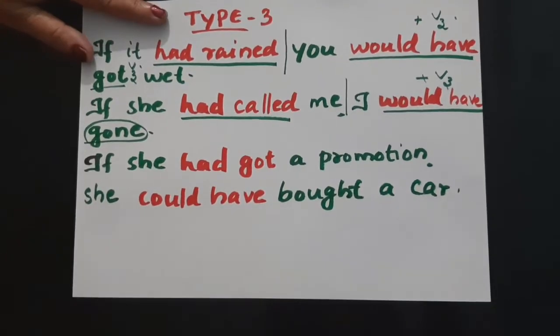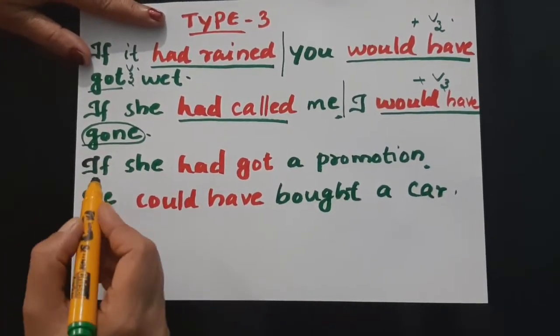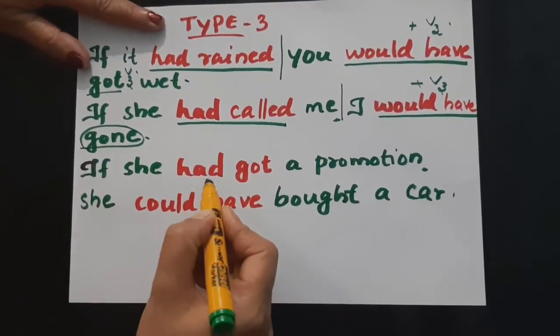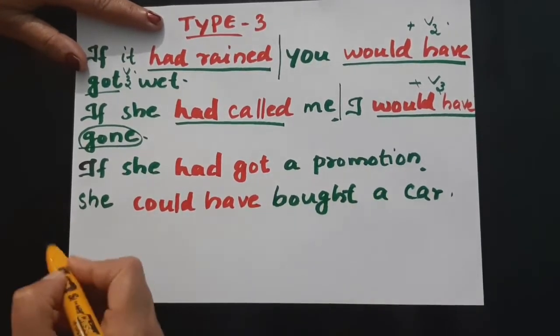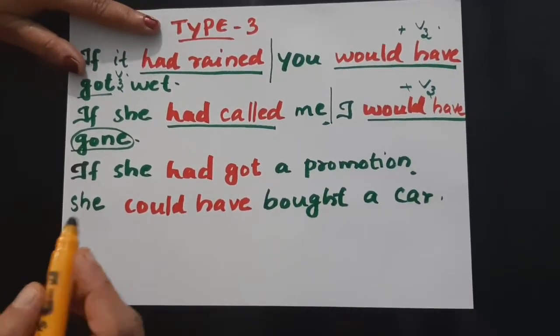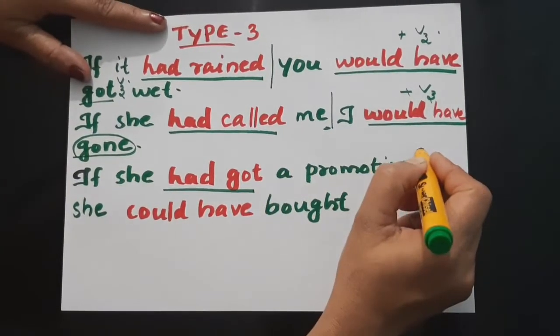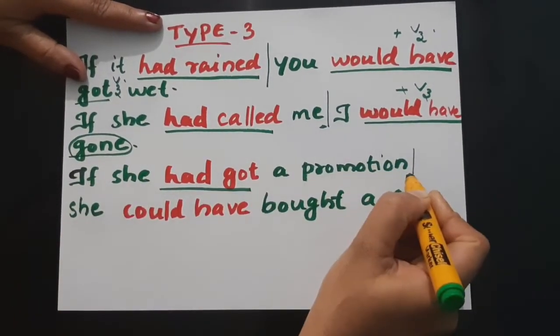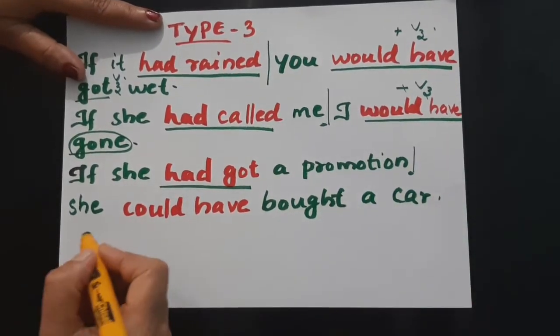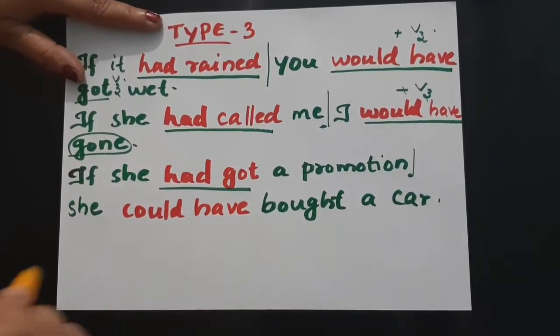Third one. If she had got a promotion, she could have bought a car. If she had got a promotion, that is the if clause, and the result is she could have bought a car.